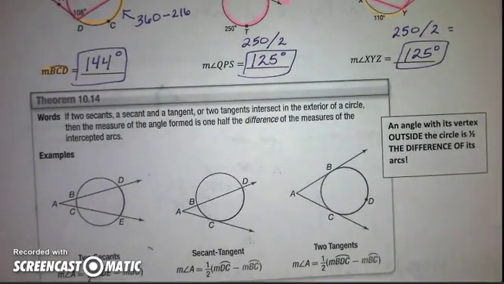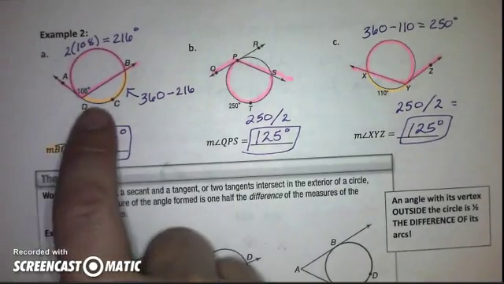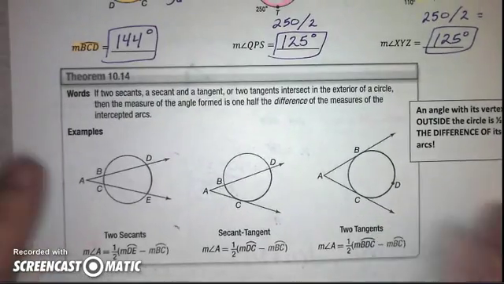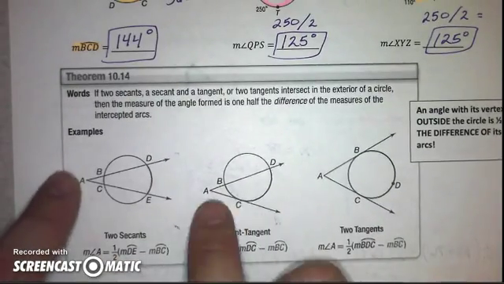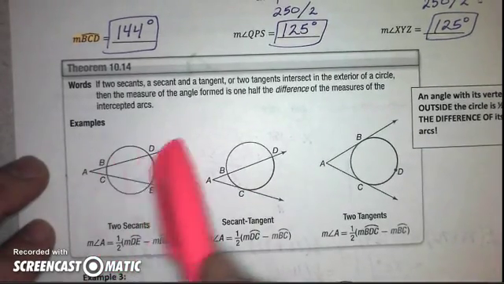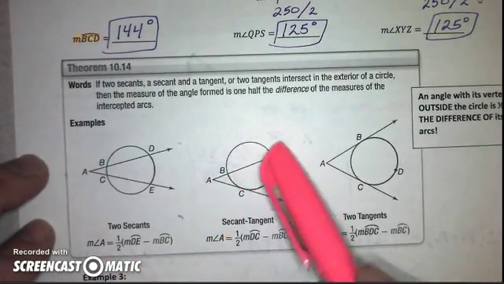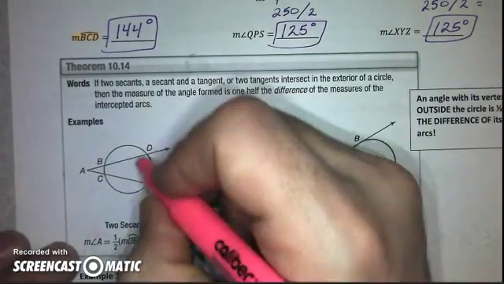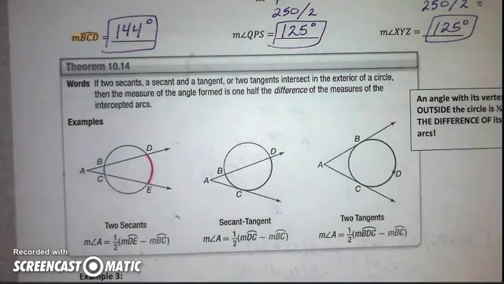Alright, so we've talked about lines that intersect inside the circle. Now we just finished talking about lines that intersect on the circle. Now we're going to look at when that vertex of the intersecting lines is outside of the circle. And we have 3 different cases we could look at, either 2 secants, or a secant and a tangent, or 2 tangents. In either case, there are 2 arcs that we will be using.